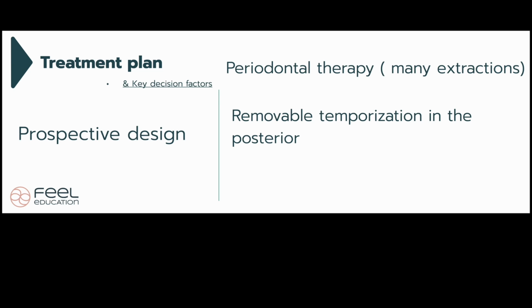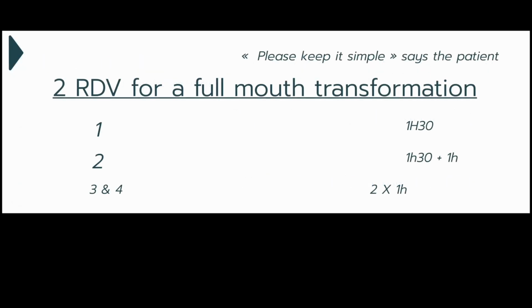And then we will go through a temporization in the posterior and fixed prostheses in the anterior. We will use some implants to stabilize the fixed prosthesis in the anteriors, and we will have a removable in the posterior parts. At that time, we have to think about talking about money with the patient, of course.